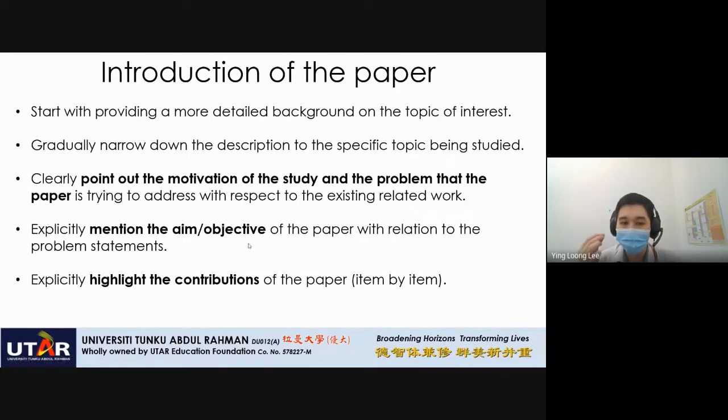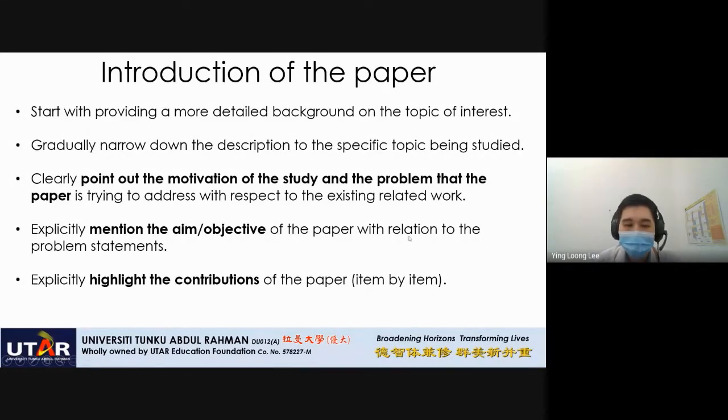Okay, it's easy. The objective is to solve the problem, but of course you should also mention the key idea. Perhaps if you want to solve a resource allocation problem, what kind of technique do you aim to use to solve this problem? Maybe machine learning, deep learning, or reinforcement learning. So you can include those key techniques in the objective.